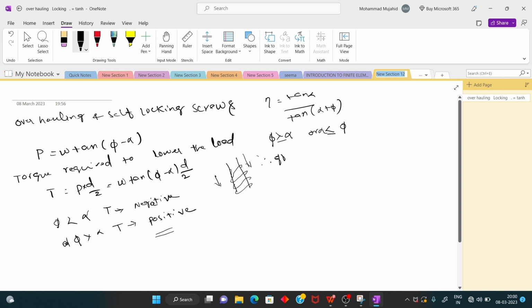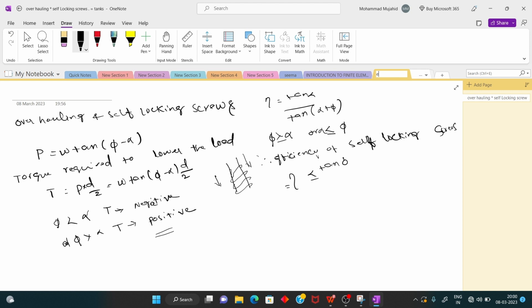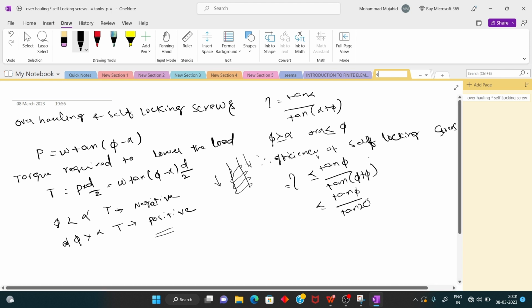Therefore, the efficiency of self-locking screws will be less than or equal to tan phi by tan of (phi plus phi). Again, that will be less than or equal to tan phi by tan 2 phi.